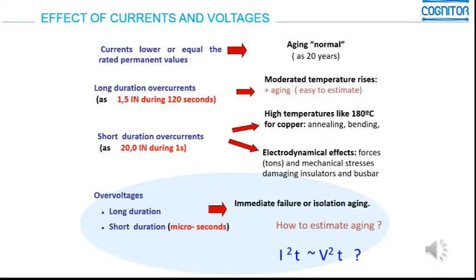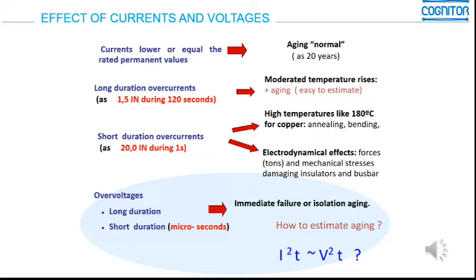These long duration overcurrents can create what we call overloads, and overloads cause temperature rise. When the temperature rises above certain limits of the materials, it can be a source of aging of the material, and the aging, depending on the values of the overtemperatures, can be estimated by calculations.